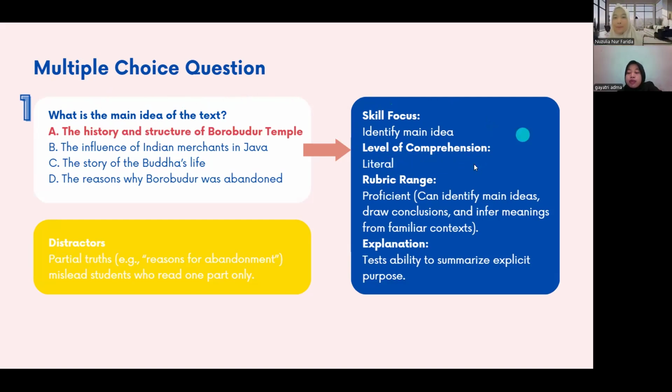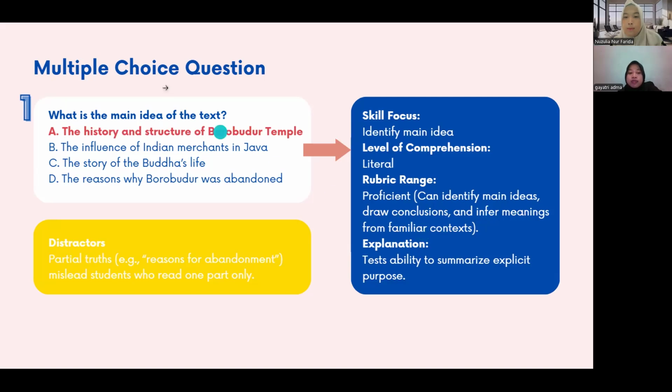And when we look at the rubric that I have shown before, it assesses the students at the proficient level, whether the students can identify the main idea, draw conclusions, and infer meaning from familiar context.